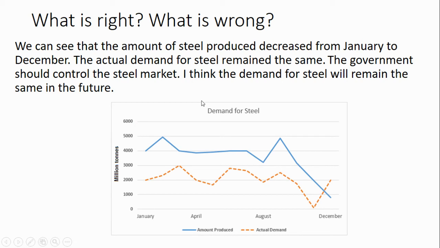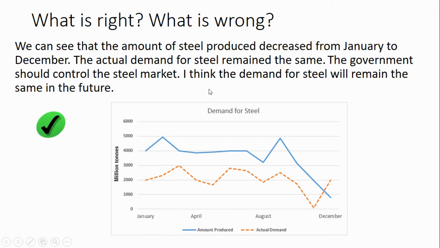Now take a look at this conclusion. I usually see something like that when students write it. You can pause the video and think what can be changed here to improve the structure of the conclusion. All right, hopefully you have paused.